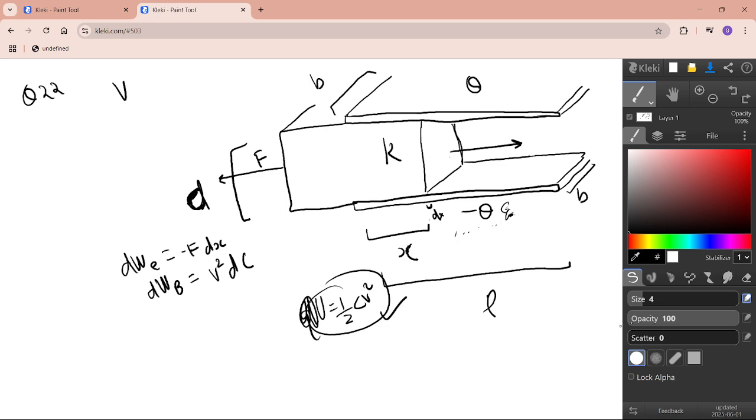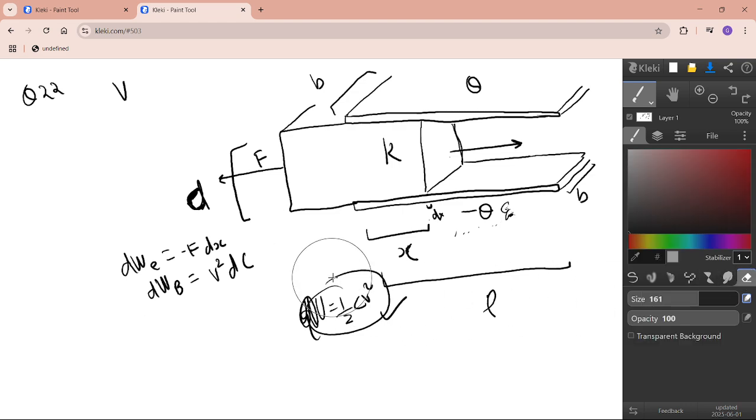This is some kind of potential energy just due to this system, half C V square. It's just the potential energy due to the electric fields basically, of the system.